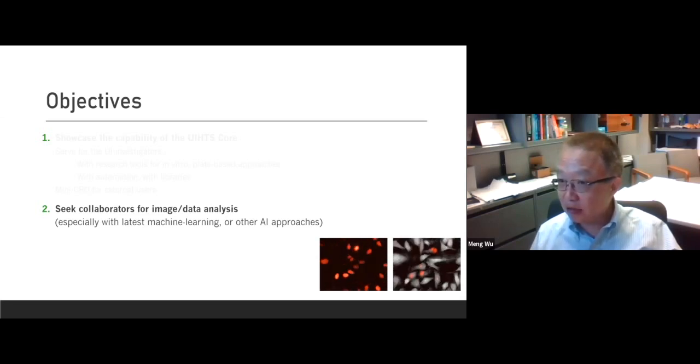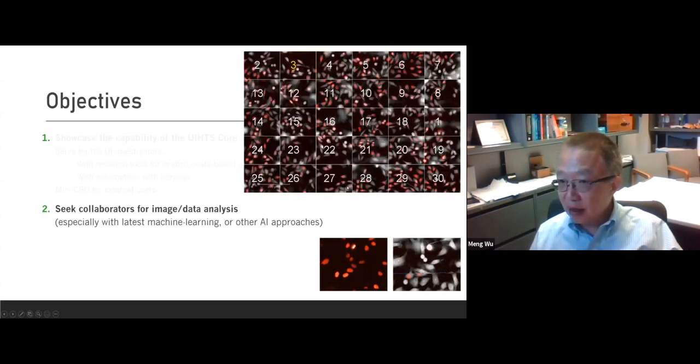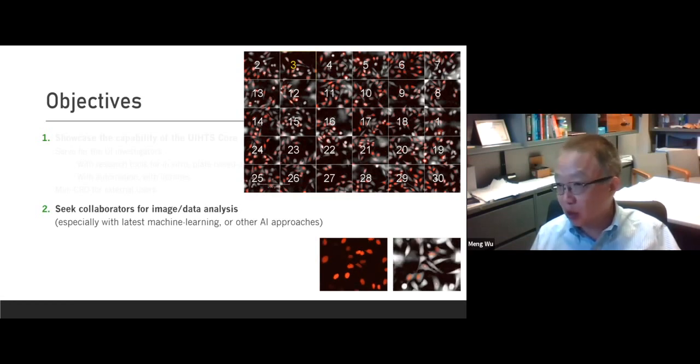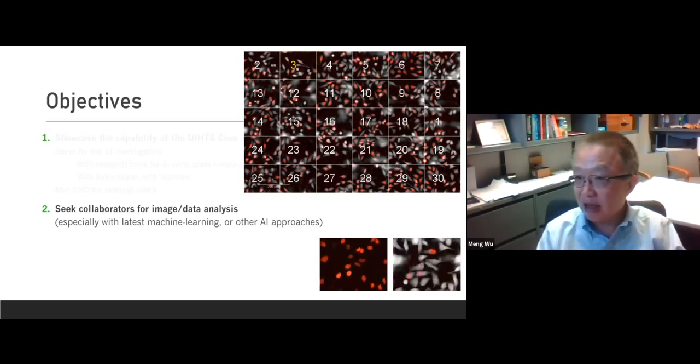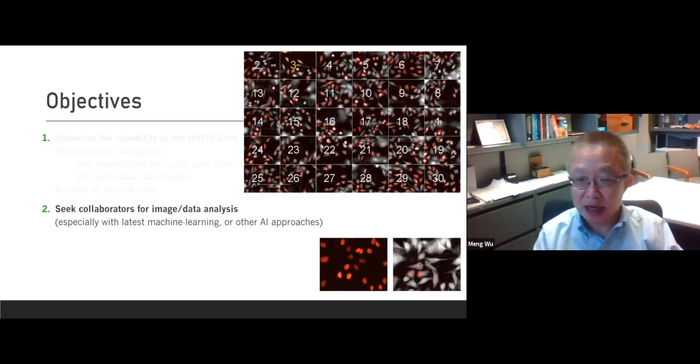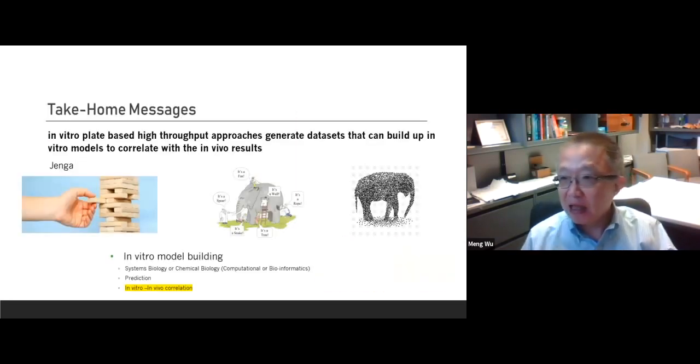But if you turn to this, just one well with 20 different views, imaged every 5 minutes for around 3 hours, that analysis is a hurdle. That's why we want to find a collaborator to work together to see if we can find a new algorithm for the analysis.